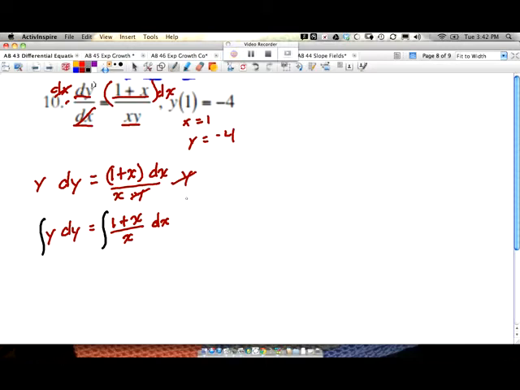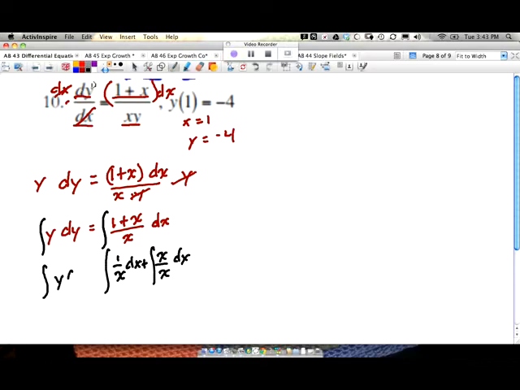Okay, there's a couple of things here. I see kind of a complex fraction, and it'd be so much easier if I could split this up into multiple fractions, which I can do. So when I do this integral here, I'm going to consider this like 1 over x dx and x over x dx, and I'm going to integrate those separately.